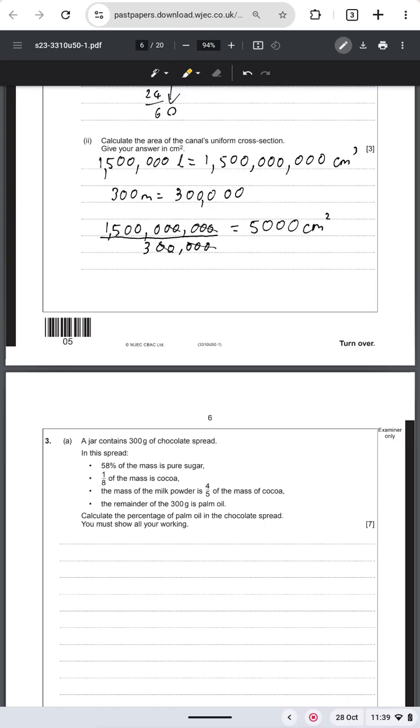Okay, so we know that 58% is sugar. We know that 1/8 is cocoa.